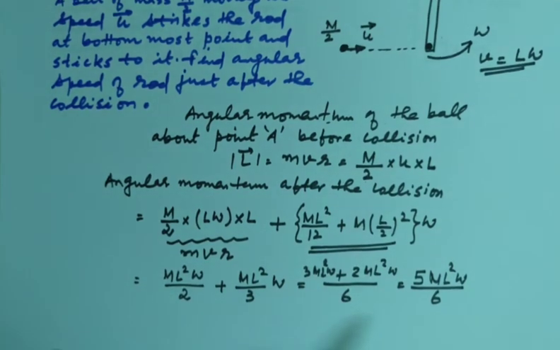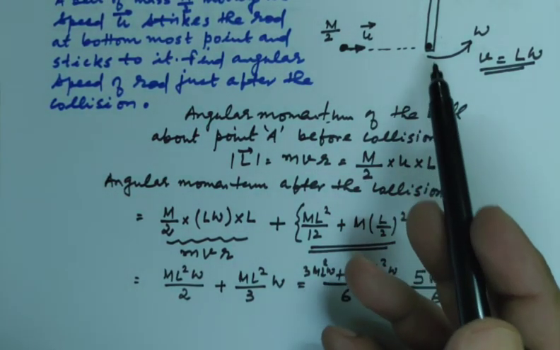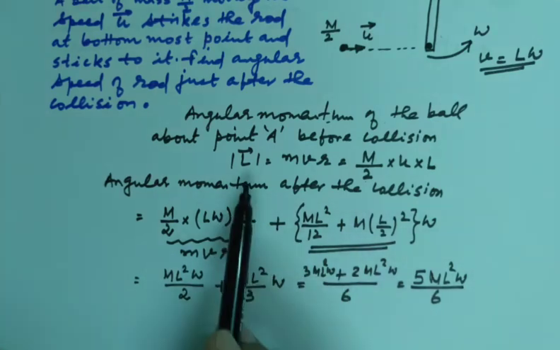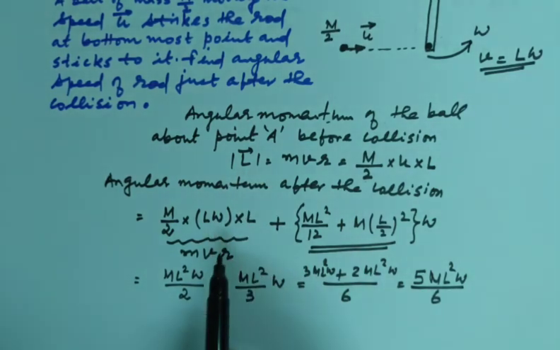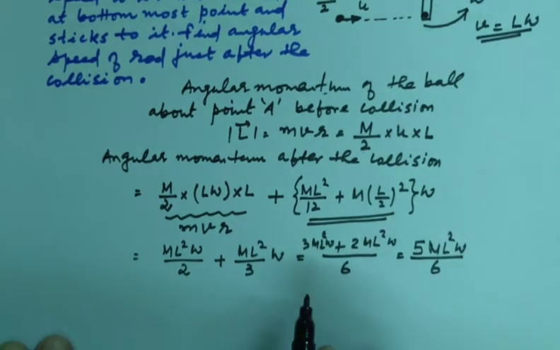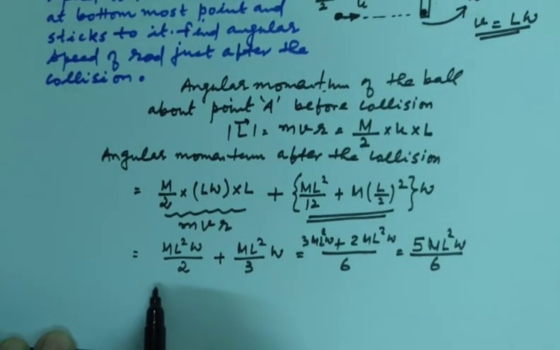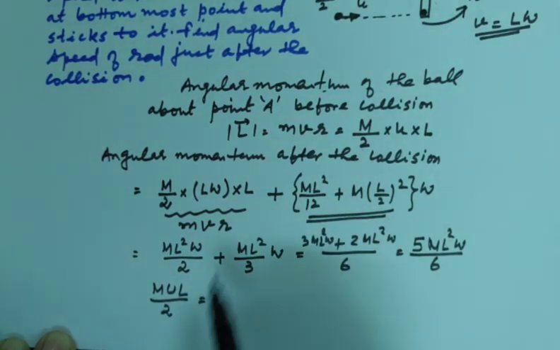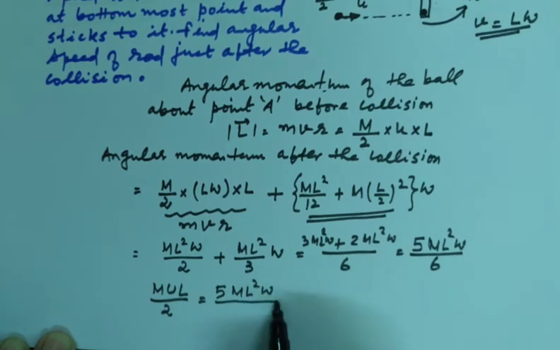Now, since there is no external torque applied, so the angular momentum before the collision will be equal to the angular momentum after the collision. So m u L by 2, which is the angular momentum of the system before the collision, would be equal to angular momentum of the system after the collision.